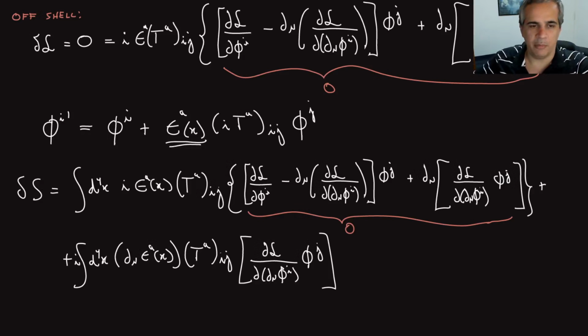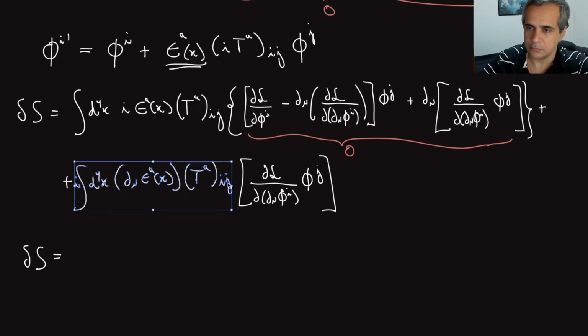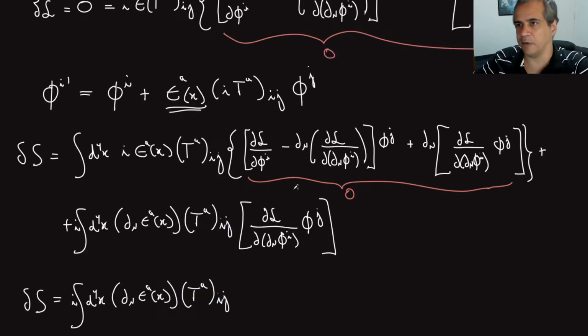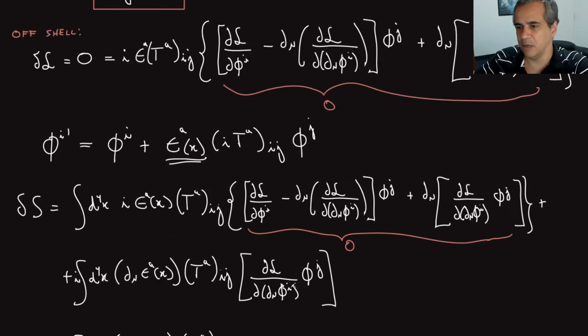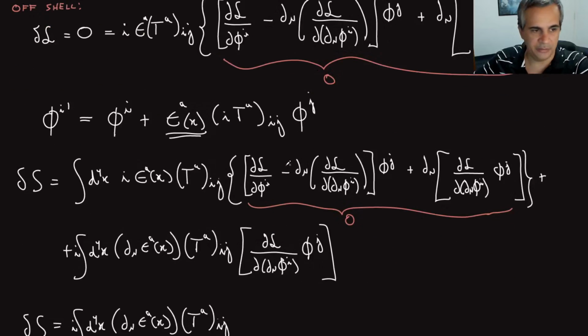Well, so my conclusion is that now I could write the variation of my action under a local transformation, which is not a symmetry, as this piece here, times the thing I call another current, right? This is again the same object I had here. I just need the TA, bring the TA inside, which I can do, right?